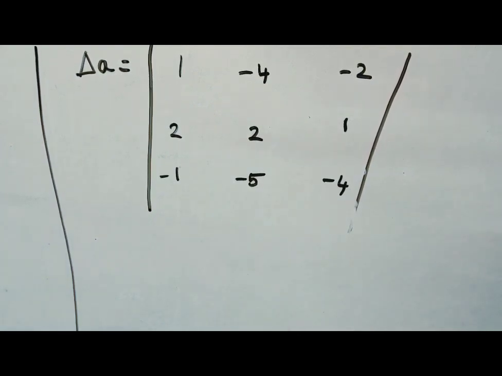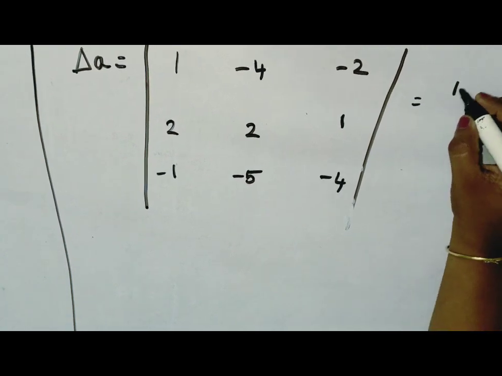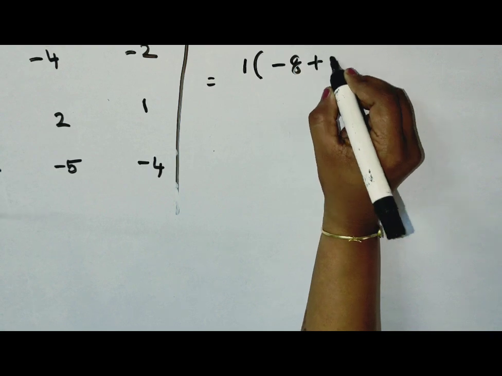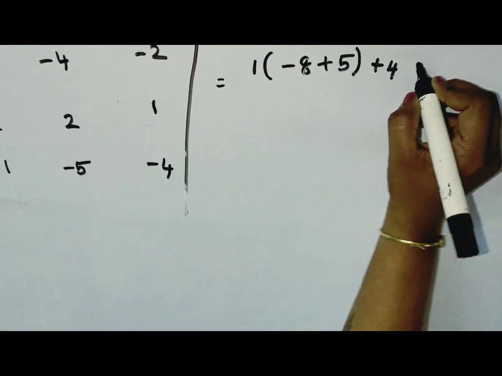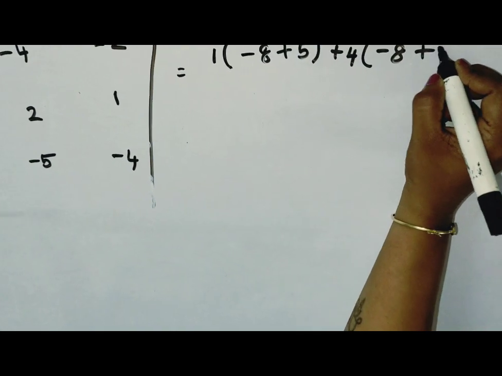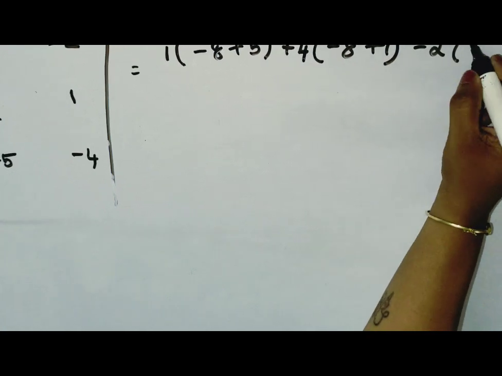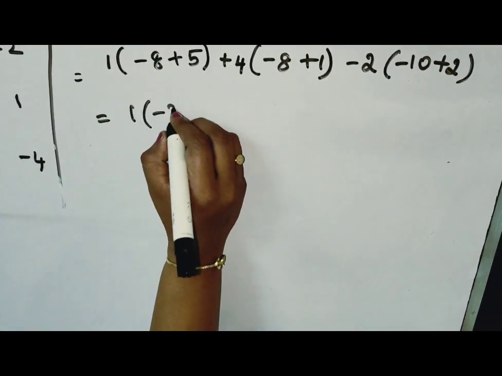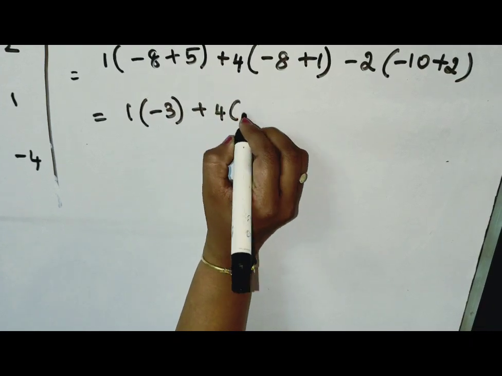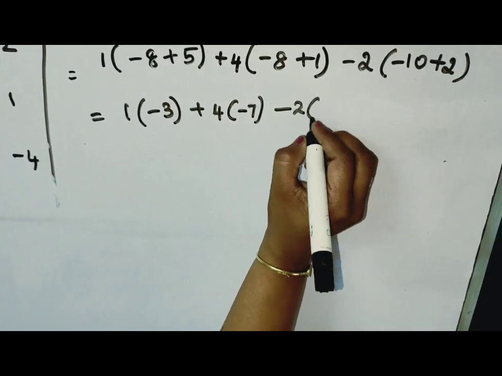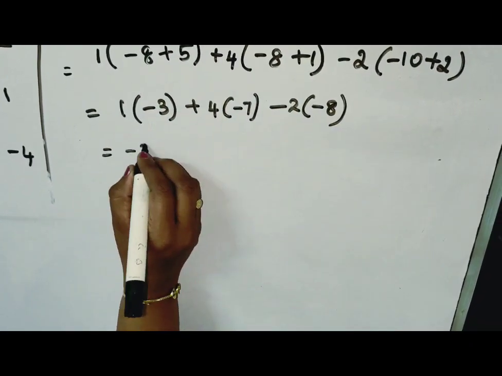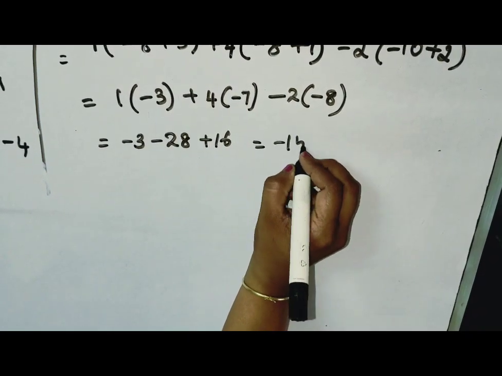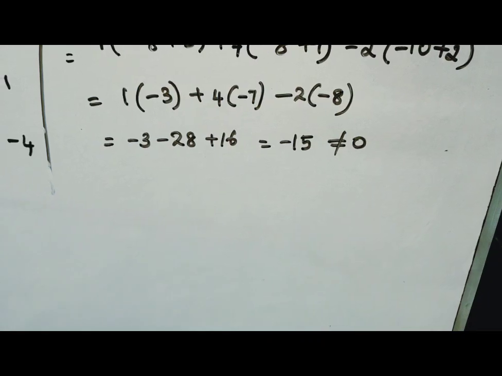So, we will find the determinant value: 1 into minus 8 plus 5, plus 4 into minus 8 plus 1, minus 2 into minus 10 plus 2. So, next is 1 into minus 3 plus 4 into minus 7 minus 2 into minus 8, which is minus 3 minus 28 plus 16, nothing but minus 15. This is also not equal to 0.